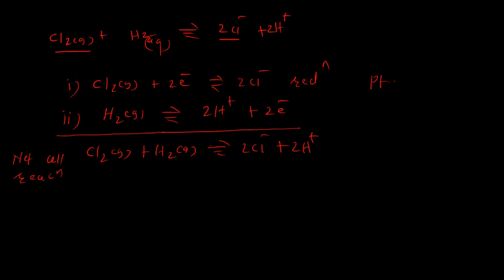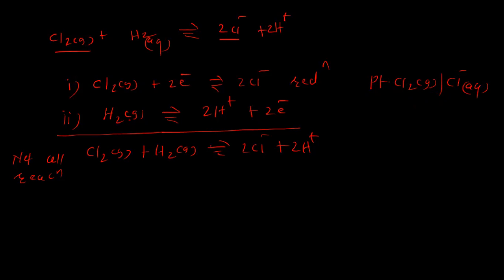Platinum in contact with chlorine gas and it is in contact with chloride ions of aqueous solution. The solution containing the chloride ions, and chlorine gas is passed into the solution of the chloride ions. So this is the right hand side electrode.